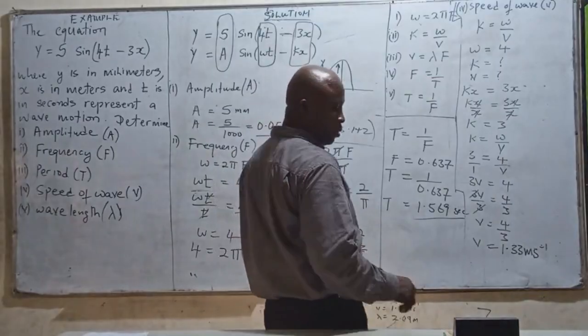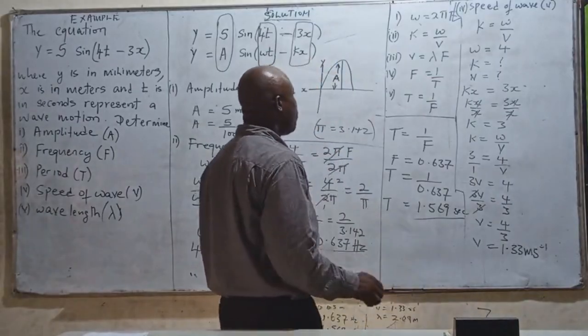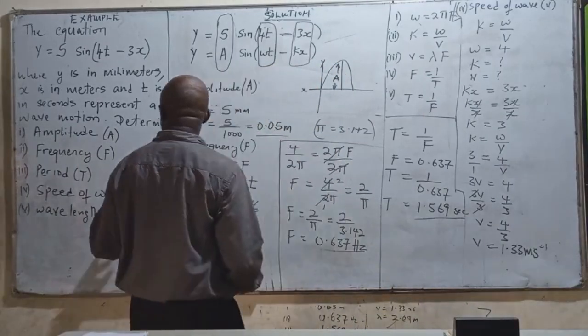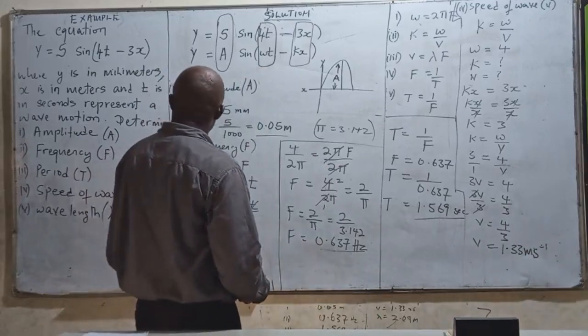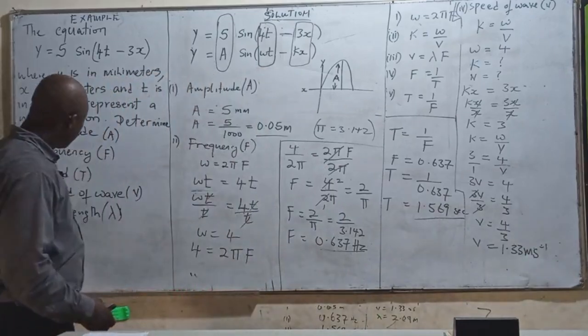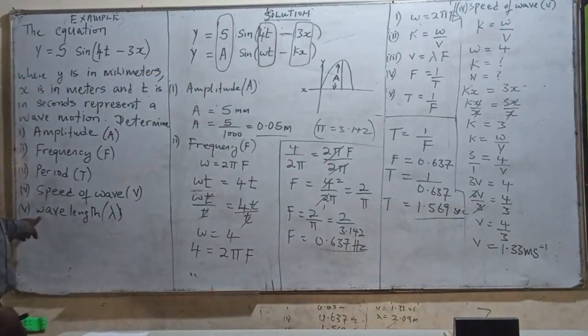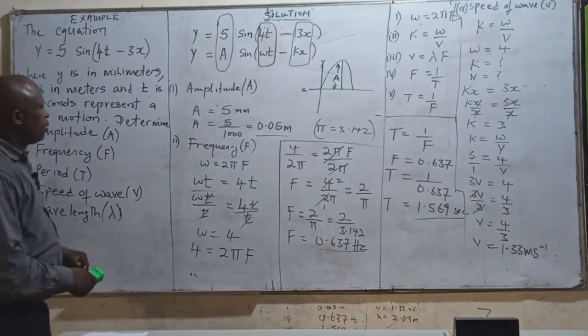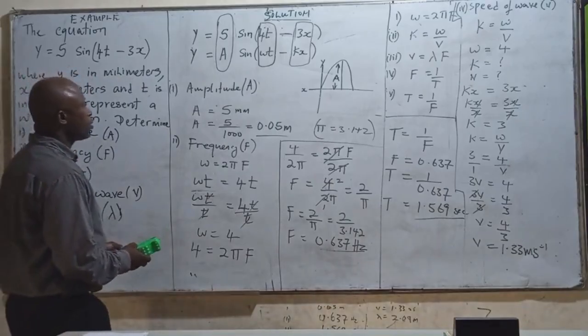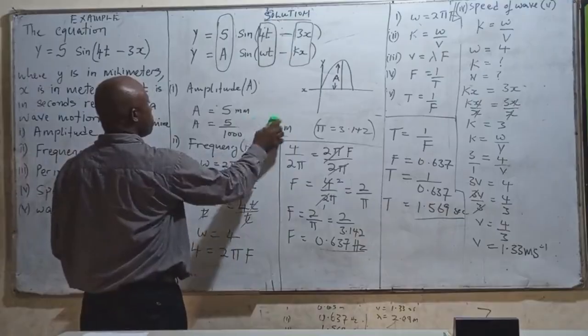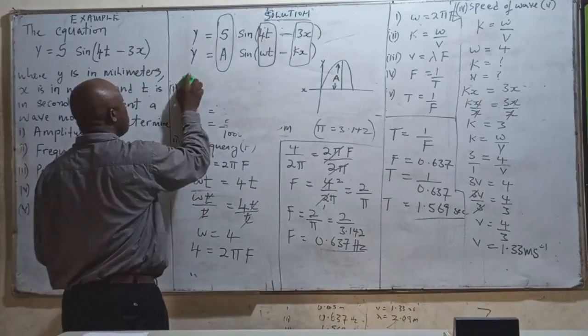So we have succeeded in solving for our v. The last one is the wavelength lambda. So I'm going to solve for our wavelength lambda. For us to do that, we need to clean this part of the board.